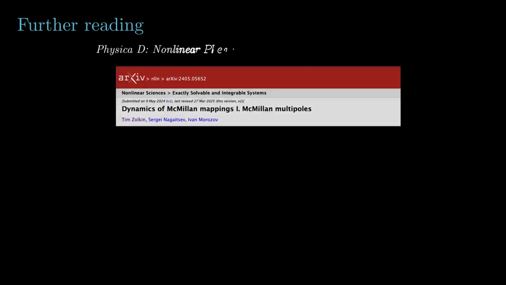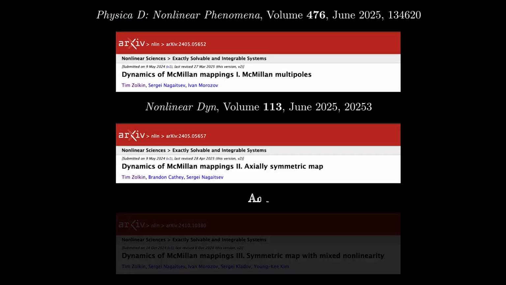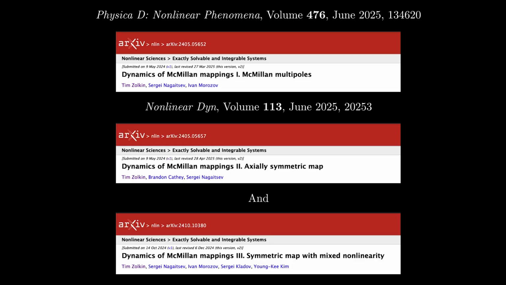For the curious viewer, the second paper in the suggested list presents a complete solution to the nonlinear Kepler problem in discrete time, directly connected to axially symmetric lenses in accelerator design.